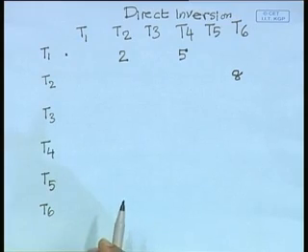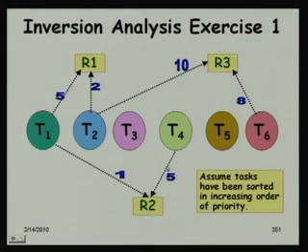What about T2? Look at the diagram on the screen. Will T2 undergo an inheritance related inversion? Yes. Okay. So it will undergo inheritance related inversion due to T4, right?